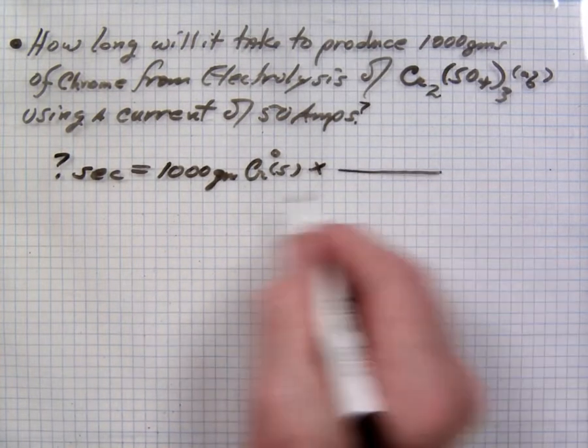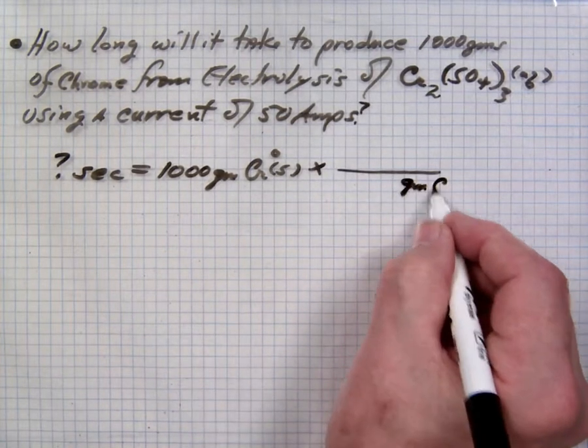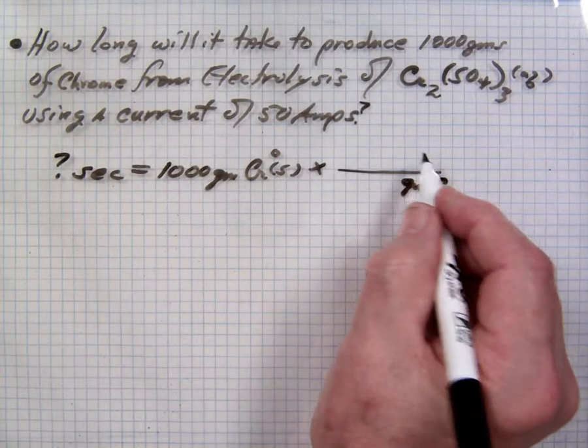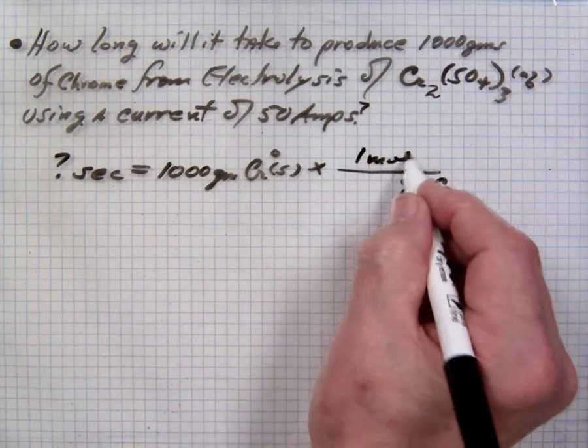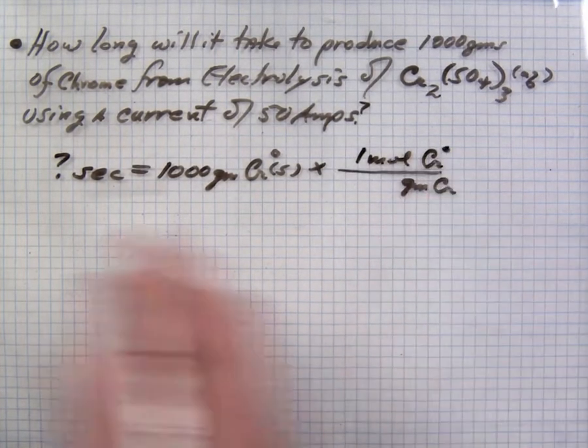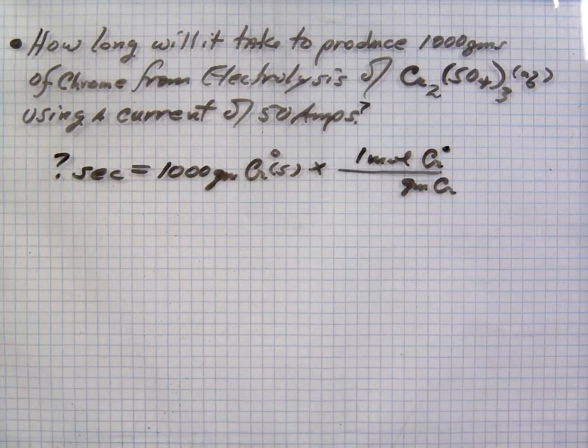The next would be grams of chrome, and per 1 mole of chrome, that would be 52 grams.